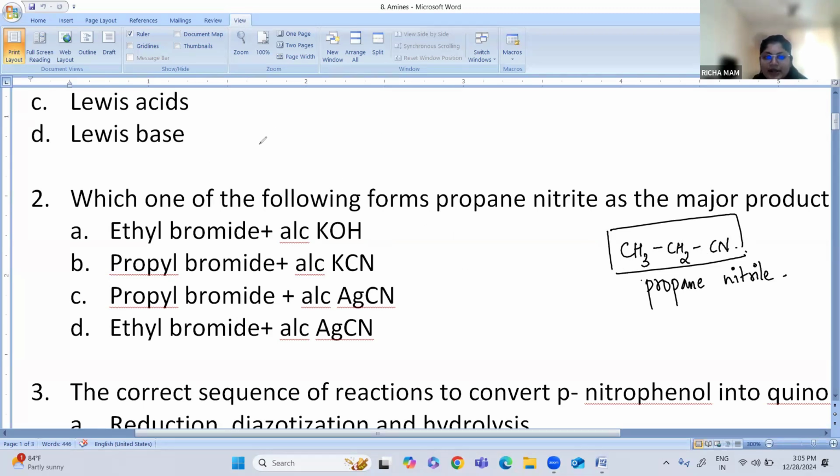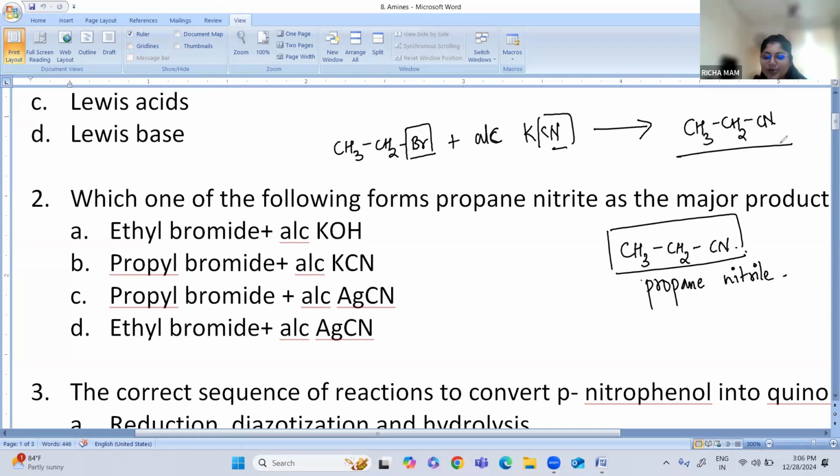There you take ethyl bromide, CH3CH2Br. When an alkyl bromide reacts with alcoholic potassium cyanide, the Br is replaced by the cyano group, and you get propane nitrile.